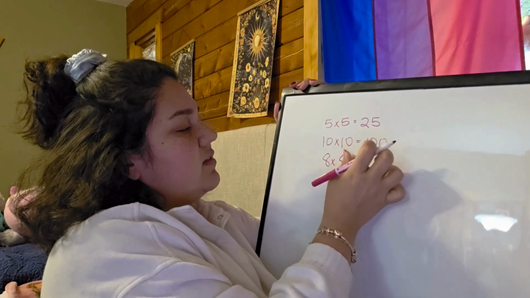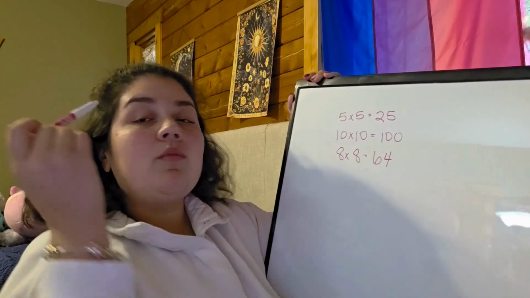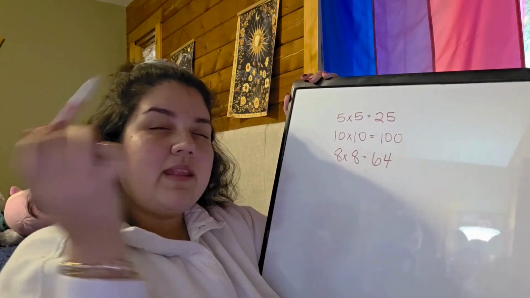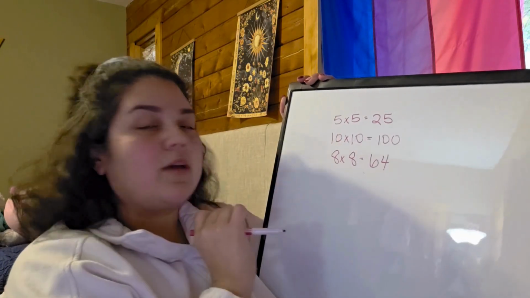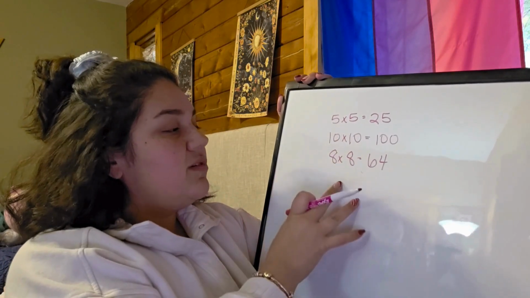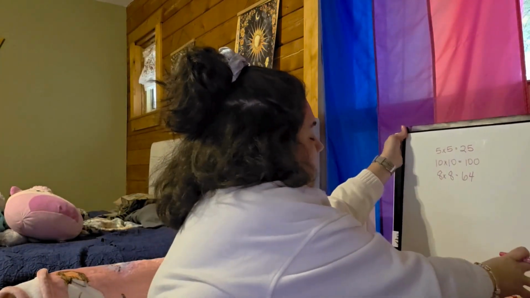When you see these, you can almost just see it and then remember next time, oh, I know 10 times 10 is 100. Oh, I know 5 times 5 is 25. And we can use that when looking at our grids to help us find the total when it's not a perfect square, because we can use that skip counting method.